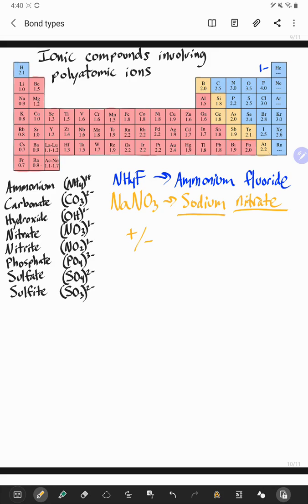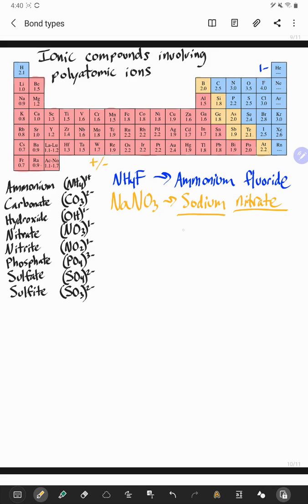So think of it the same way. We're going to name the plus and then the minus, the positively charged ion and then the negatively charged ion. So think of the plus or minus symbol. I'll leave that written right up here, in case it helps.